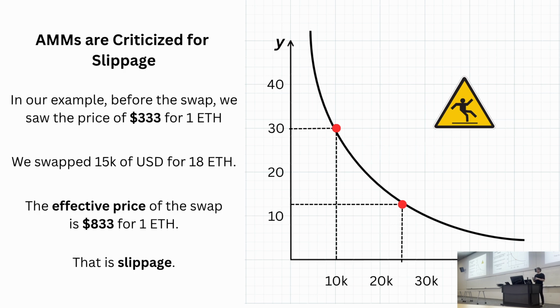So the effective price of the swap, if you divide 15K by 18, is going to turn out to be $833. So even though the AMM quoted you a price of $333, if you make a large swap relative to the pool reserves or AMM reserves, you're going to suffer from this price slippage.